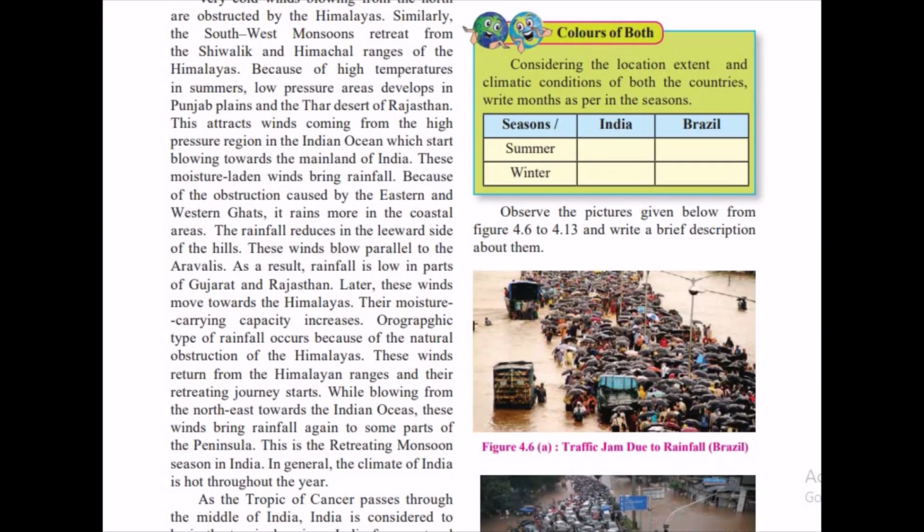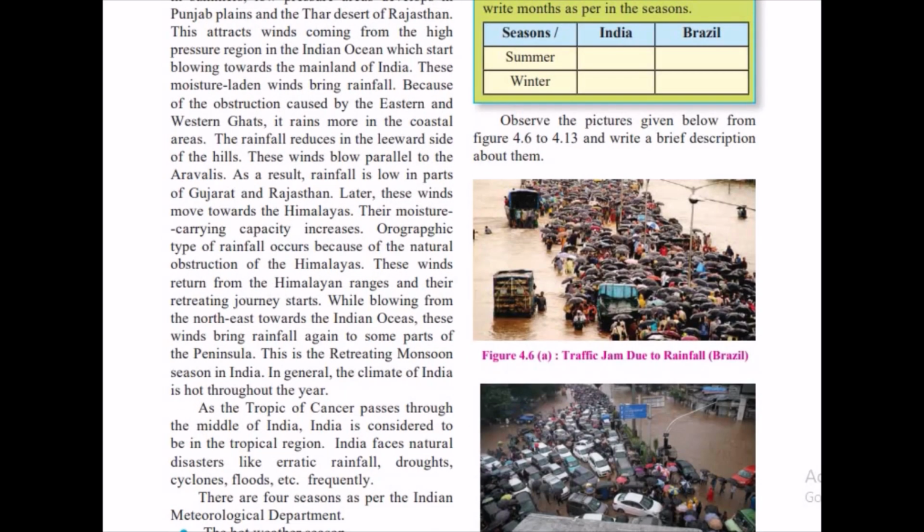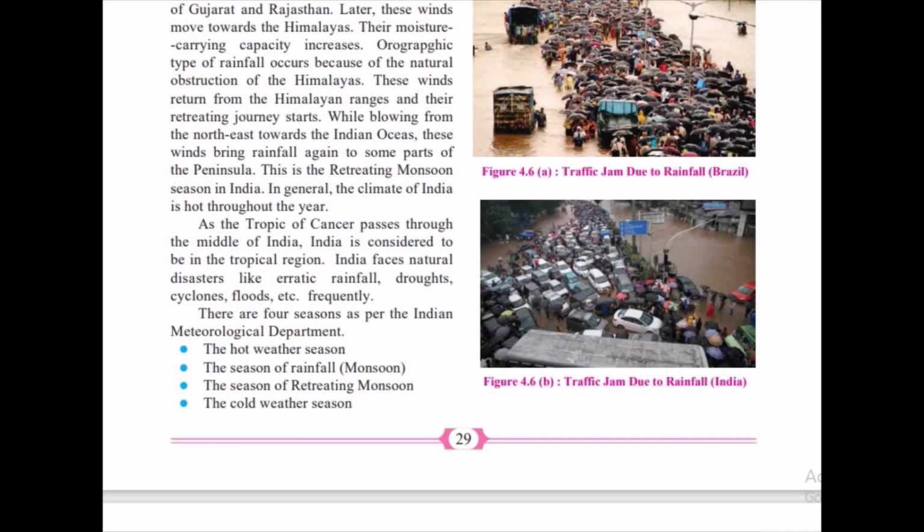Observe the pictures 4.6 to 4.13 and write a brief description. In the first picture, what do we find? We find a traffic jam due to heavy rainfall. This picture is related to Brazil.